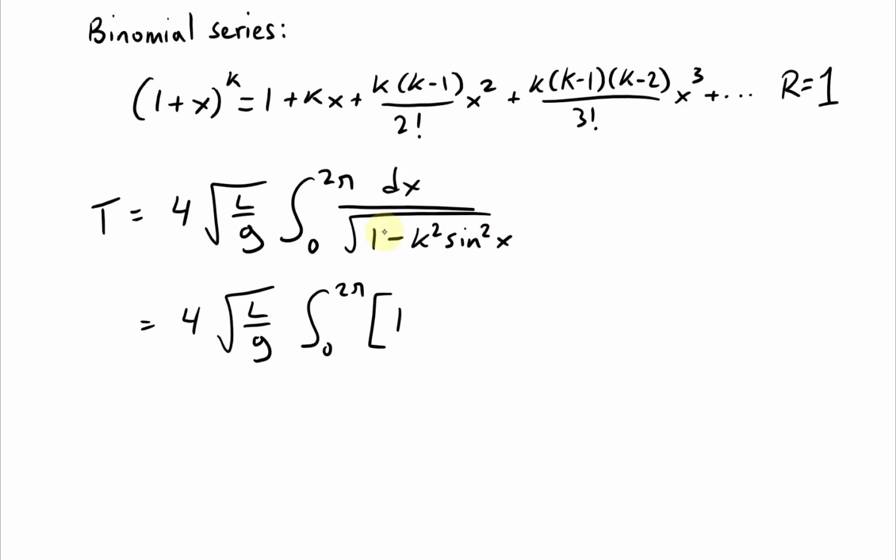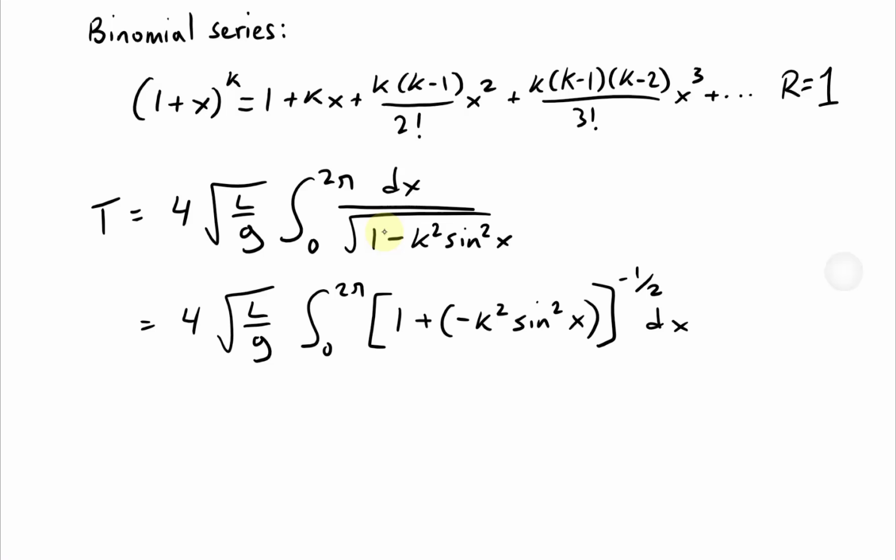So it's going to be 1 minus, I'm going to put a plus and then put a minus separately like this, k squared sine squared x, just so that we can line it up with our x value. And then this is all to the power of negative 1/2, dx.